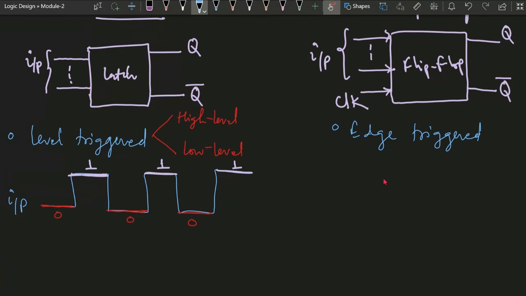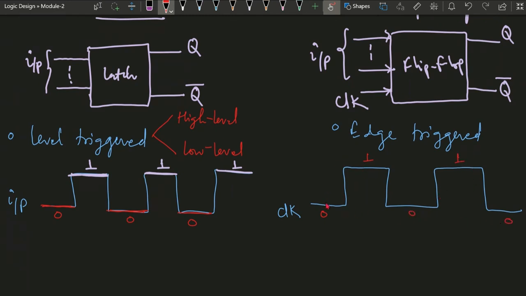In the case of edge triggering, there is the input. Suppose a clock is there. The edge is decided based on this: this is 0, this is 1, this is 0, this is 1, and this is 0.